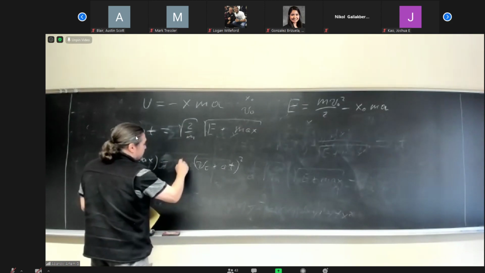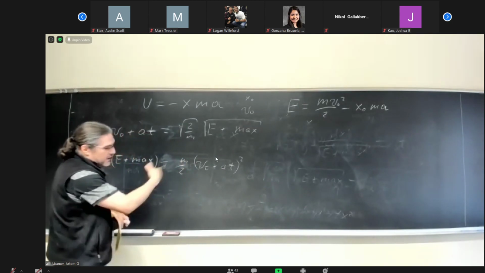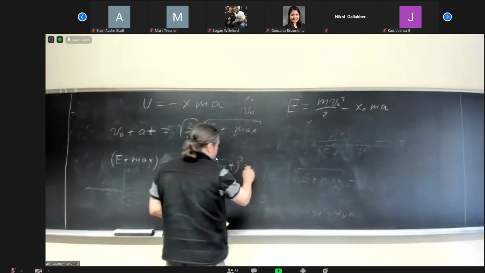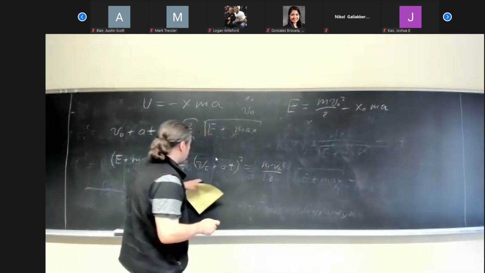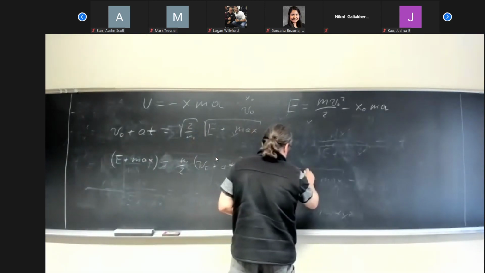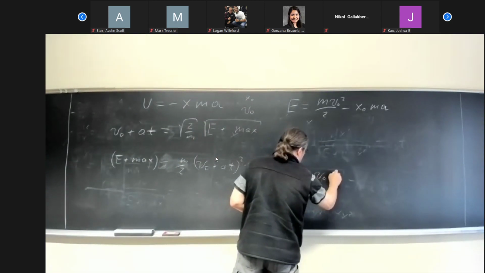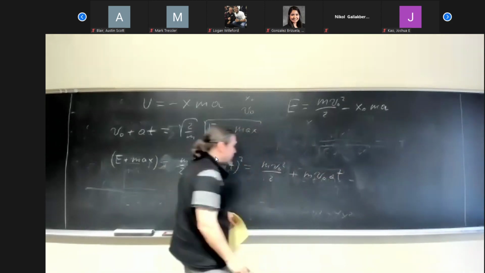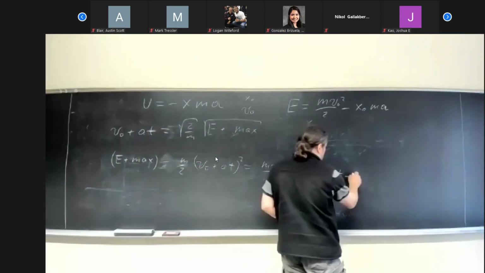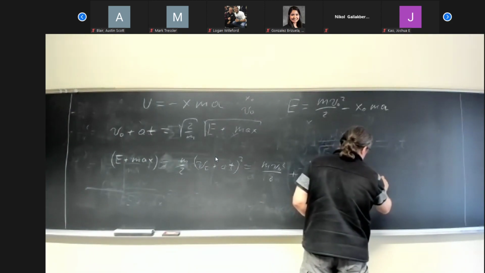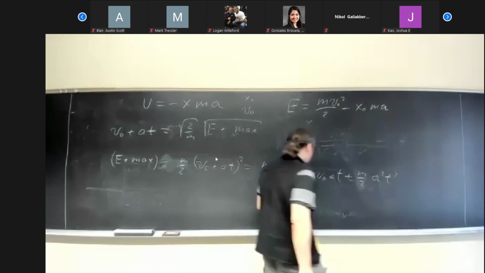It was 2m, so it's m over 2 here. Now I need to open these brackets, and what I have is m v naught squared over 2, not surprisingly, plus m v naught at. This is the cross term, and plus m over 2 a squared t squared.